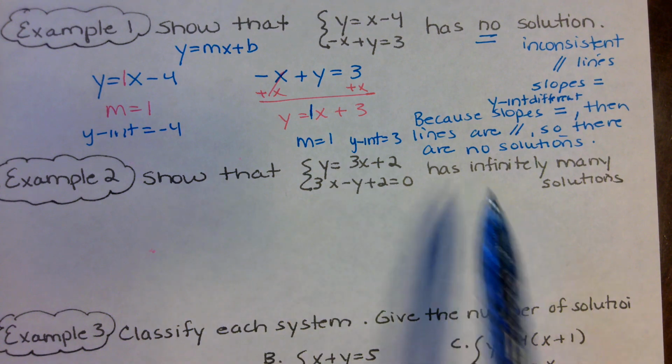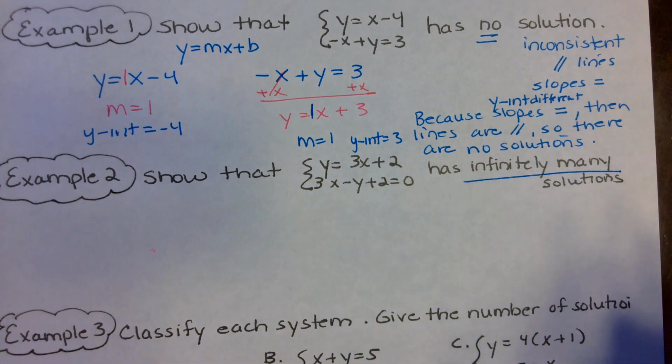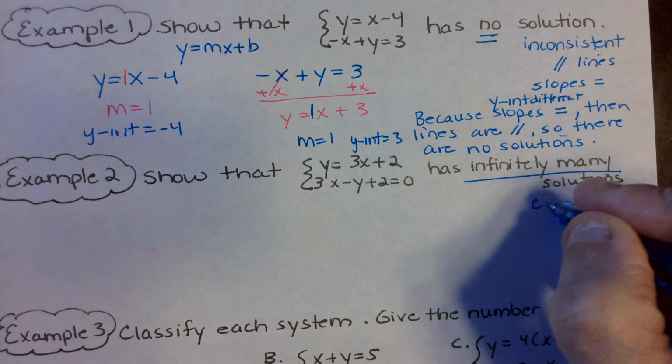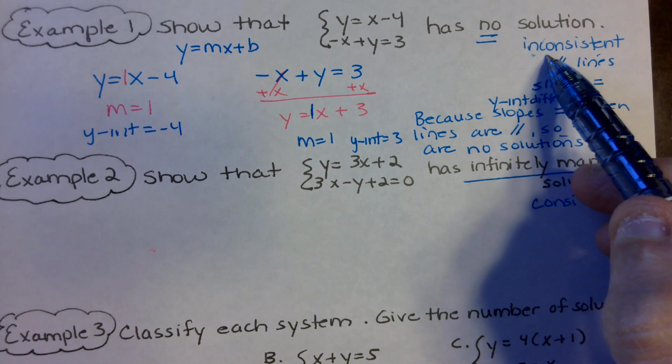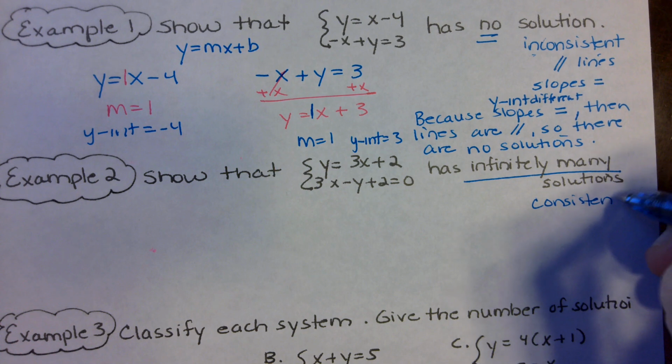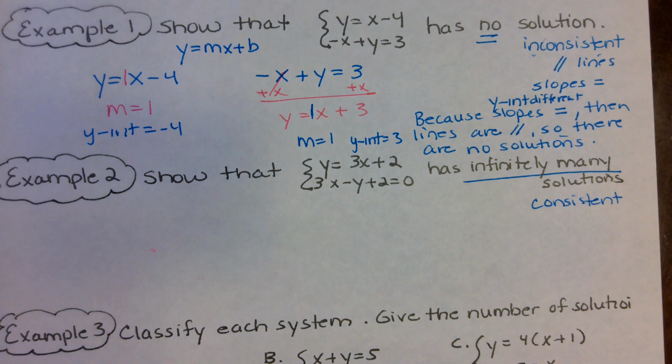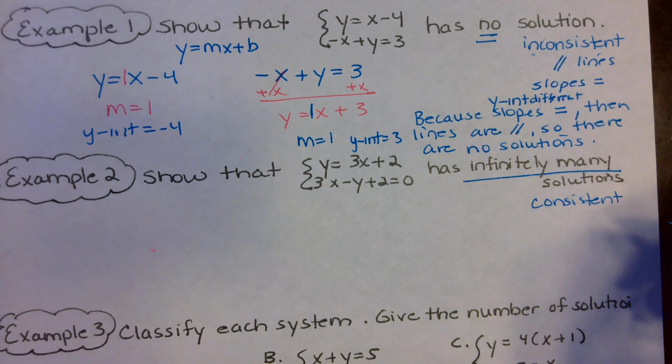Show that there's infinitely many. Okay. So is that consistent or inconsistent? It is consistent, because the only inconsistent one is the one with no in it. And if it's infinitely many solutions, that means that it was a line on top of itself, right?